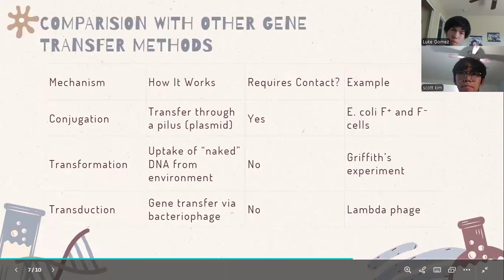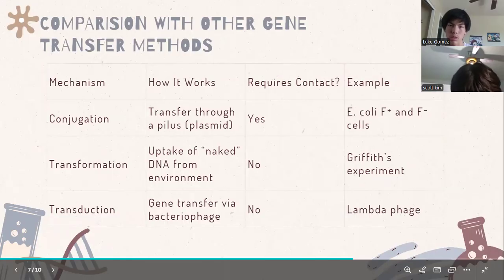Now let's compare transduction with other gene transfer methods. Conjugation and transformation are the two other ways. Conjugation works through a pilus, a bridge-like structure that goes between the two bacterial cells, and the DNA is transferred through that. This requires direct contact, or at least for the bacterial cells to be extremely close to each other.